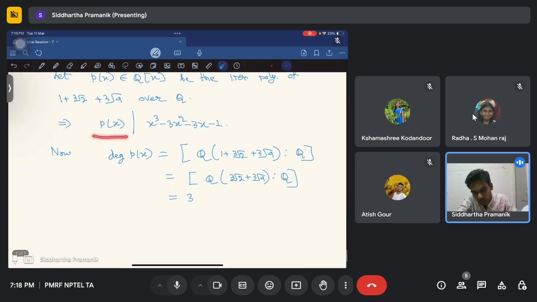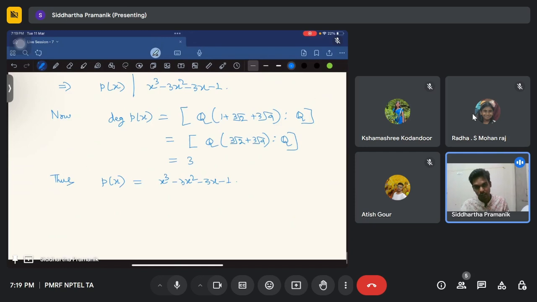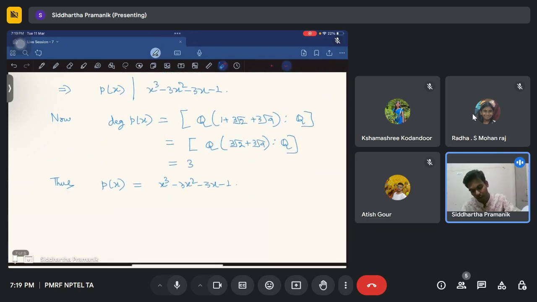So P(x) has degree 3 and this polynomial has also degree 3, and both are monic polynomials. So what can you conclude? Thus, P(x) must be equal to x cube minus 3x square minus 3x minus 1, since both are monic polynomials of degree 3 and one divides the other, they have to be equal. So this is the irreducible polynomial of the required element. We are indirectly proving that this is an irreducible polynomial.